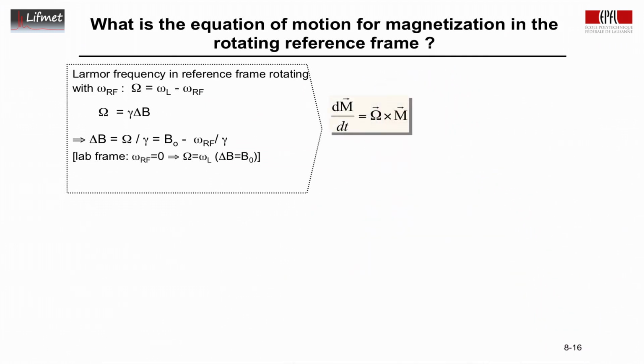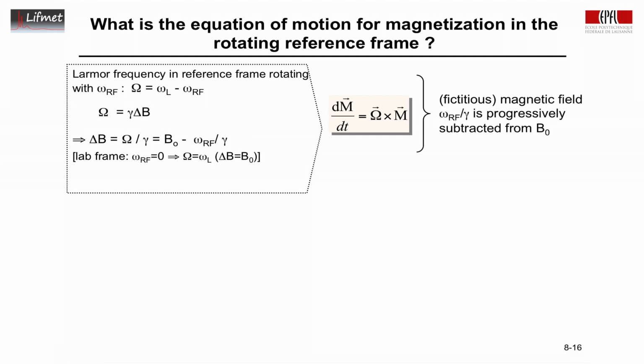So now what we want is, in our rotating reference frame, independent of the frequency with which I take my reference frame to rotate, I want the Larmor equation to be true. For it to be true, I have to subtract a fictitious magnetic field. And this magnetic field is this term here, omega RF over gamma, that we have to subtract from B0.